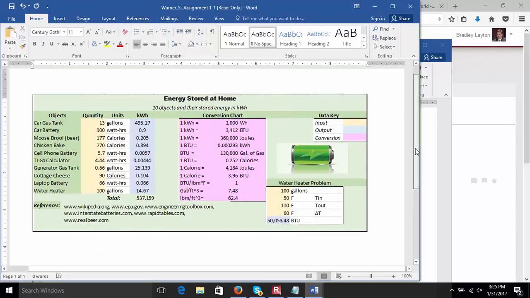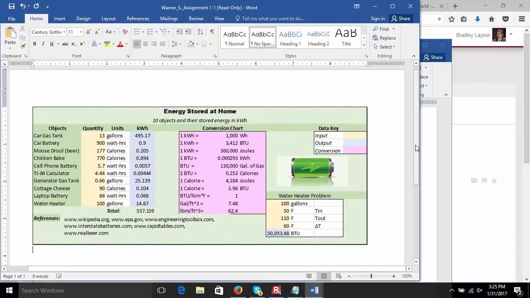Now I just want to make a few comments on Sean's table. This is nice and concise, and I think what he's done here is allow me, the reader, to very quickly go down, see the quantity, see the units, and then see the conversion.